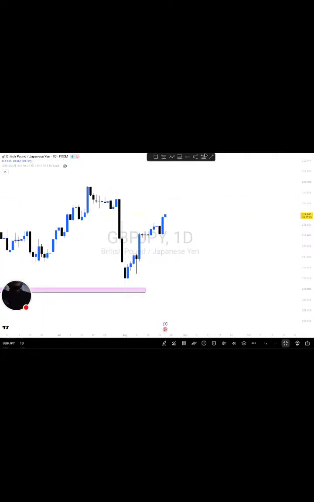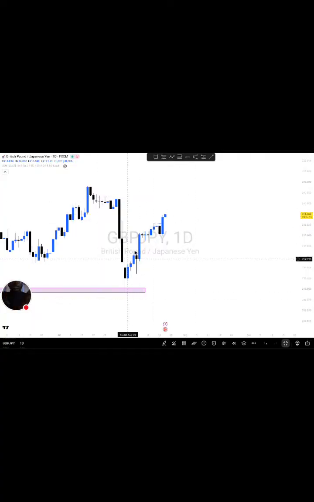Now you can see the market has done some internal break of structure. This is just to confirm the direction of the market. This breaking of structure is pointing to the upside, which means the market is currently bullish.